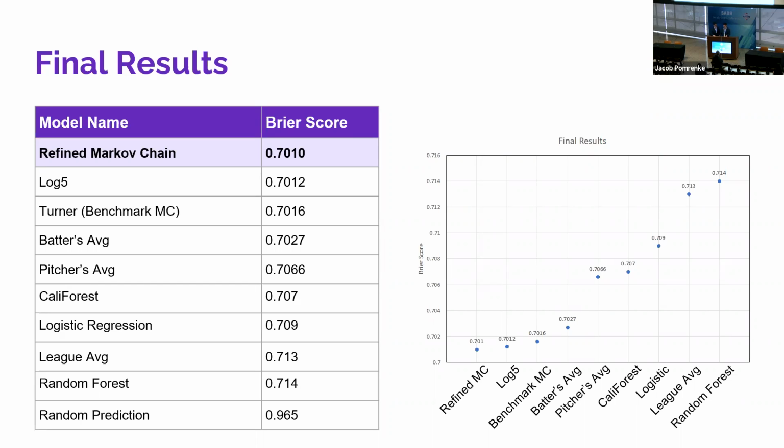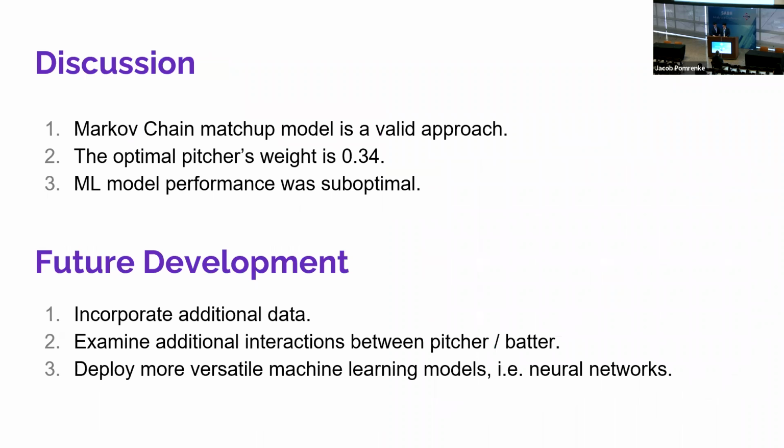All of the machine learning approaches kind of hang around after the pitchers and batters average, and the random forest even performs slightly worse than the league averages. And we have some theories of why that is, but for the sake of time, we would love to discuss them if there are any questions later on.